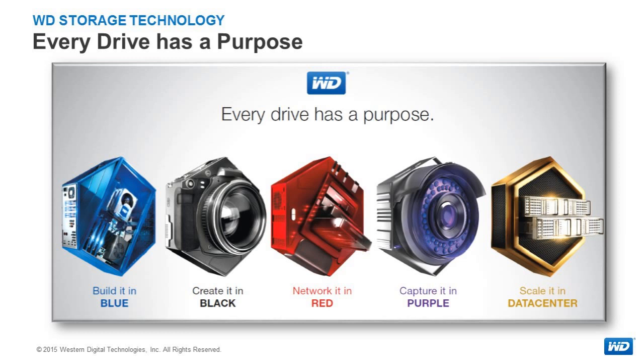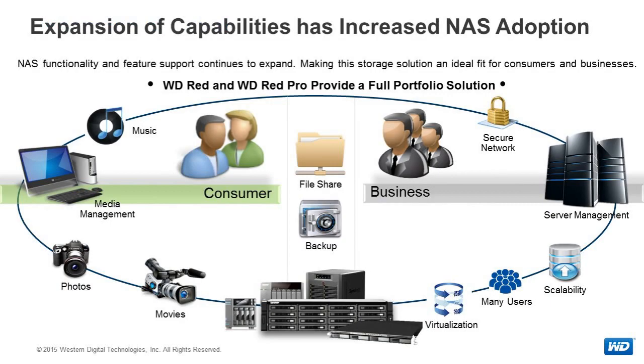So with the expansion of capabilities in the NAS systems, and QNAP is definitely leading in adding more and more value and capability to the NAS systems, we're seeing higher adoption of NAS systems in the marketplace. And there are obviously two types of consumers, or at least two. One is the consumer, who may want to use a NAS just for their everyday multimedia management, backup, and file sharing. And then, as you know, that leverages itself, especially file sharing and backup, into business applications as well.